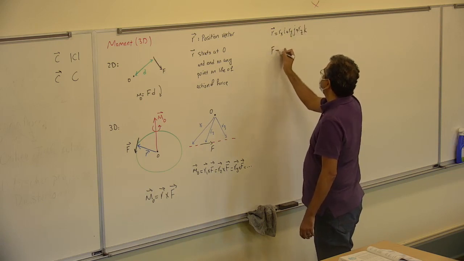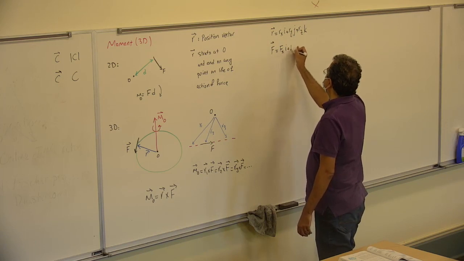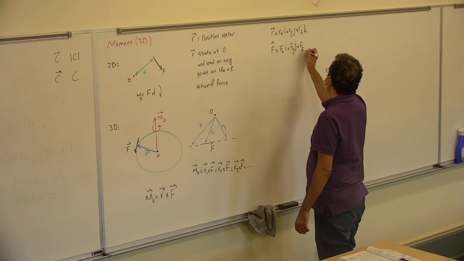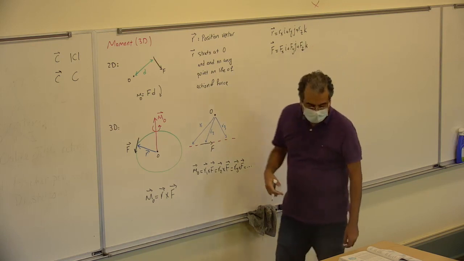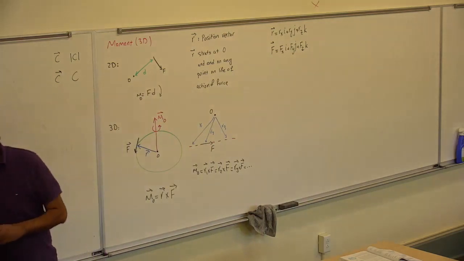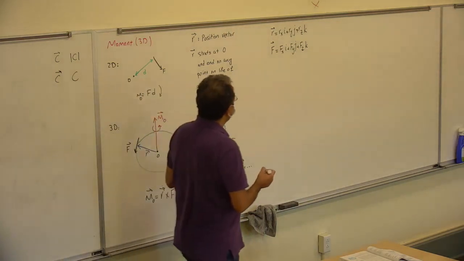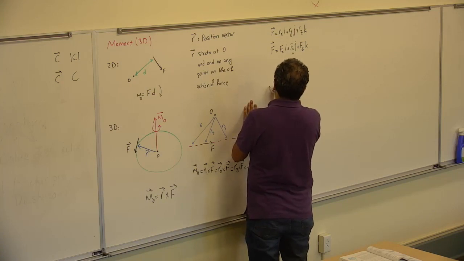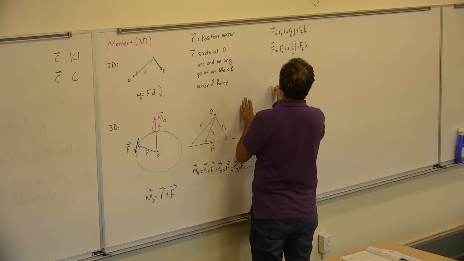And the F as f in the x direction i plus f in the y direction j plus f in the z direction k. And you want to calculate the moment. So the moment would be r cross f.